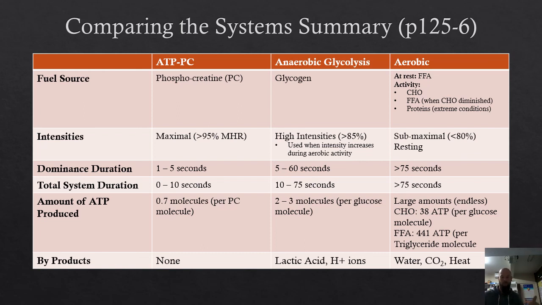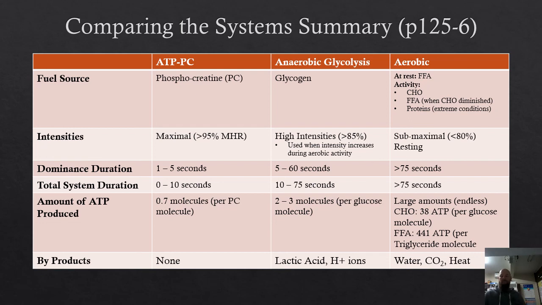It depends on what you're reading, but as a rule, 10 seconds is when it's predominantly falling away, but it's going to be at its peak at about 1 to 5. The anaerobic glycolysis system between 5 and 60 seconds, and then the aerobic system, further on.